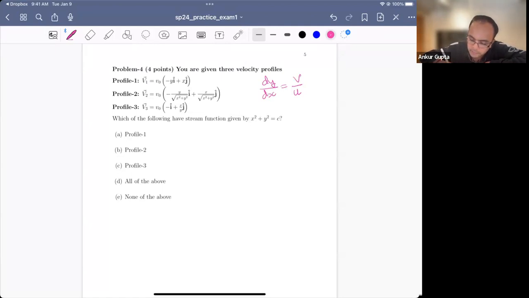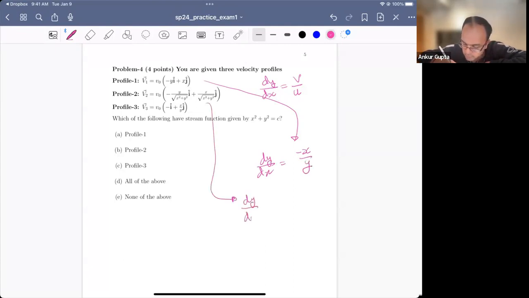So for the first case, dy by dx is equal to minus x by y. For this one, dy by dx is equal to x by square root of x square plus y square, over minus y by square root of x square plus y square. This cancels out.